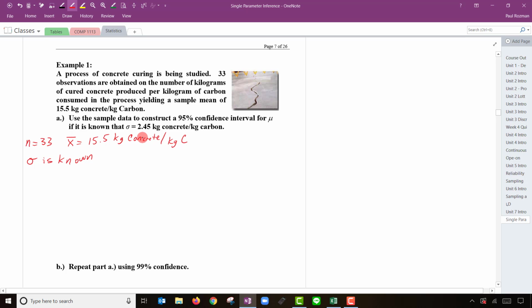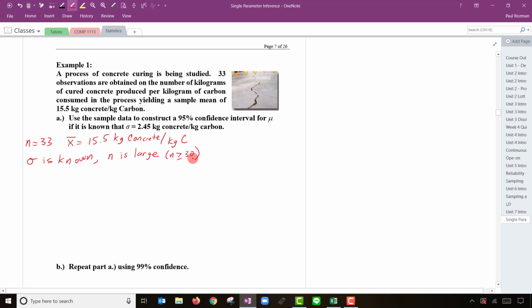My sample means are going to follow a normal distribution because my sample size is large. I don't even need to know that the population is normally distributed. And by large, I mean greater than or equal to 30.